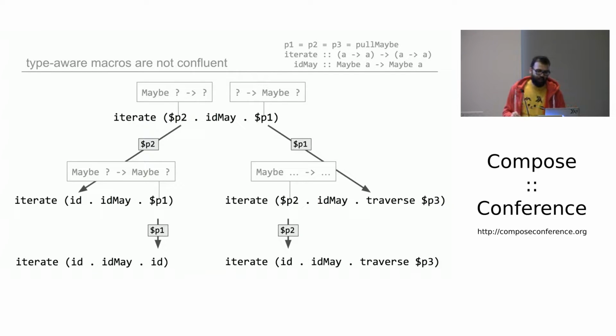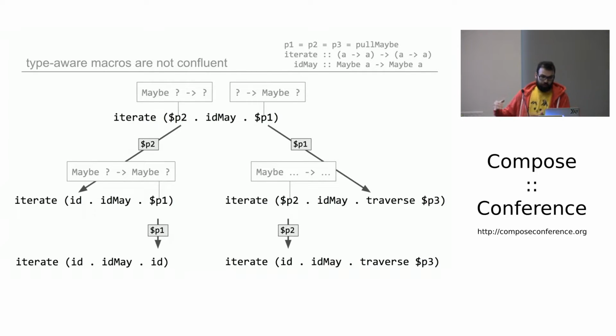All right. So now we have understood a bit more about this one slide I'll keep returning to, namely that what is happening is, as I said before, we start with an expression that has two macros. $p1 and $p2 are both calls to the pull maybe macro that I've shown previously. We'll use the same type aware macro during the entire presentation. I've just renamed the two call sites to P1 and P2 so I can distinguish the two.